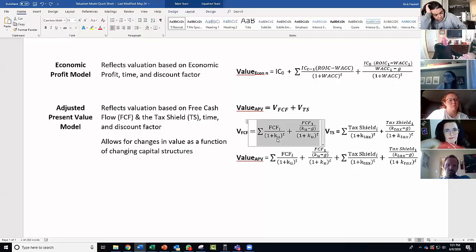The U stands for unlevered, KU, the cost of unlevered capital. That's different than the cost of levered capital. And levered and unlevered here mean capital that has not been exposed to any debt, so no leverage is being used. That's unlevered. And levered capital is the cost of capital where debt has been used.